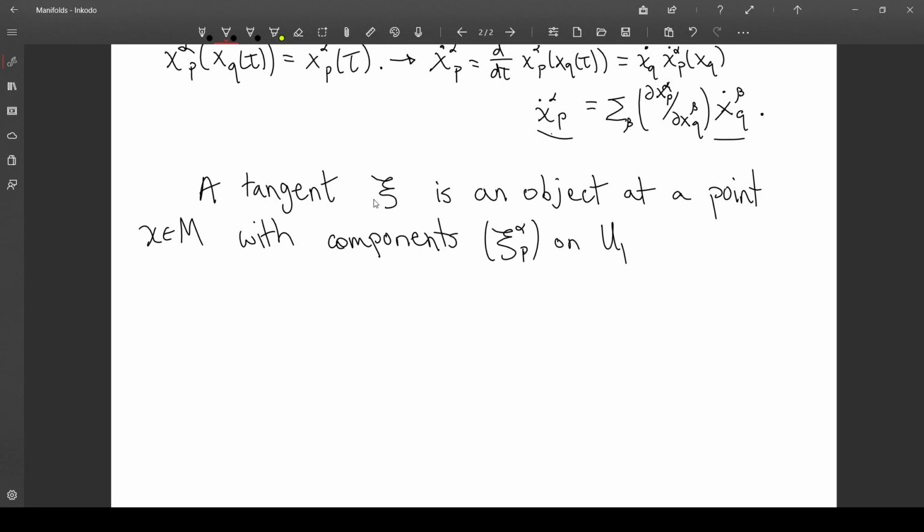on a chart. So when we are given coordinates for x, then we can find coordinates for our tangent, and on an intersection of charts, then we have a transformation rule.